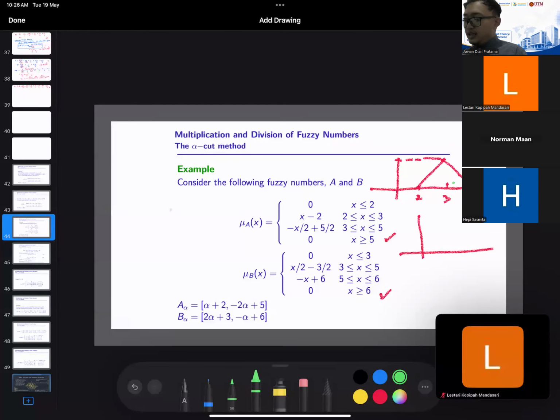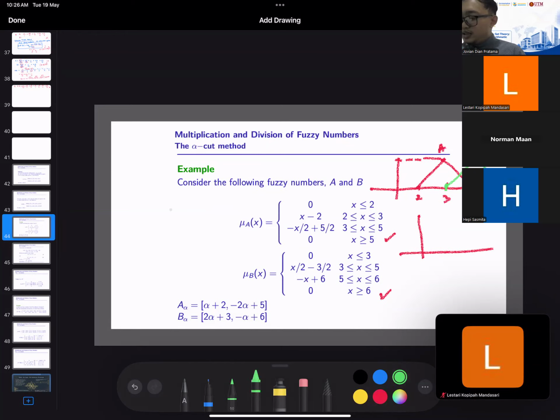So let's say 3, 5, and then another one you have 6, for example. So then you can sketch the triangle on the same coordinate. So let's say we understand this is your A, and this is your B.